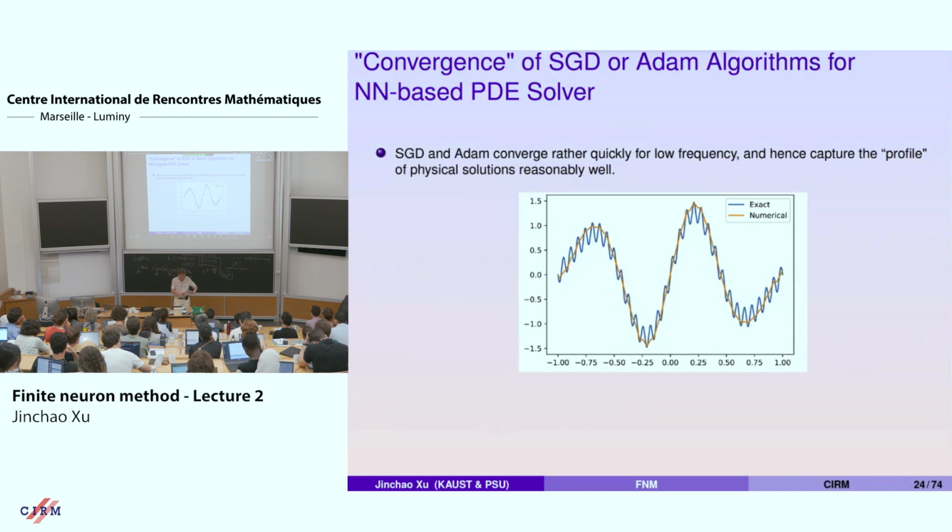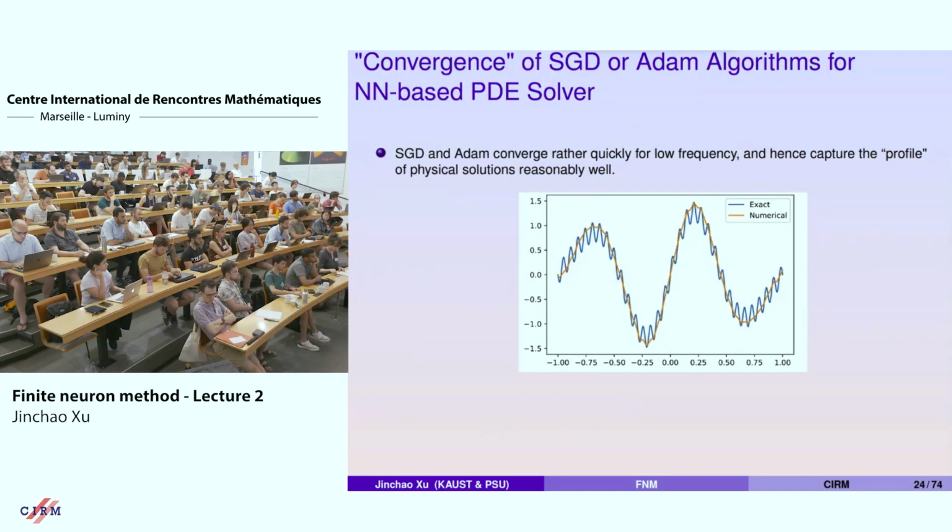If you give a function, you capture the global frequency profile rather easily. But in numerical analysis, the accuracy is dominated by high frequency. It's local. It depends how much accuracy you want.